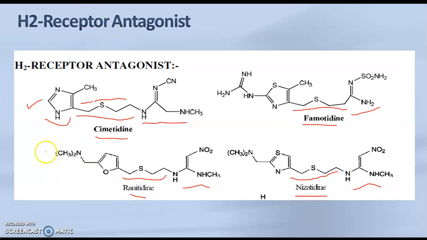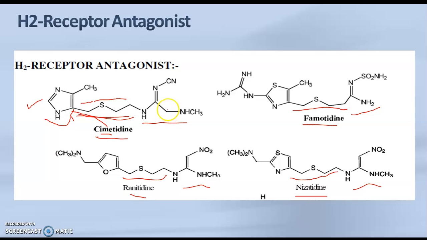Now I'll discuss each and every structure. The first is cimetidine. In cimetidine, 'im' stands for imidazole, so the heterocyclic ring is imidazole, and this linkage is common. And you have to remember this terminal side chain is a cyanoguanidine.